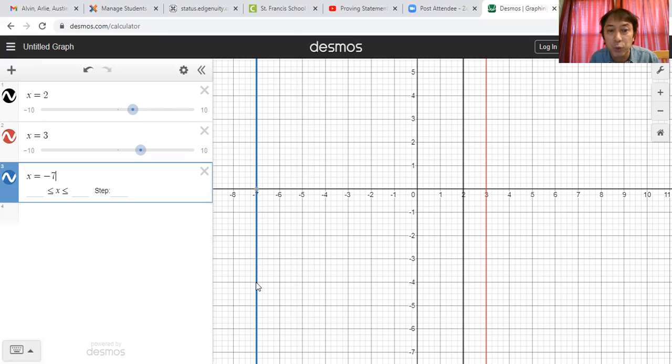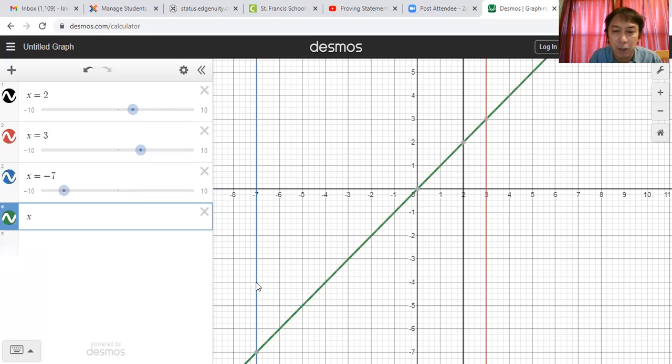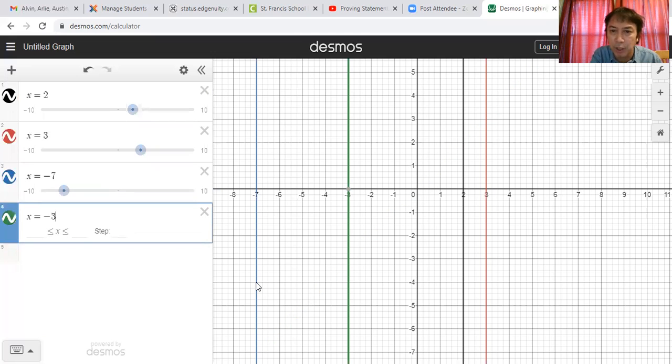So this is how to write the equation of perfectly vertical lines: x equal to a number, say -3 there. All right, so we know vertical lines and horizontal lines now. Let's go back to our other screen.